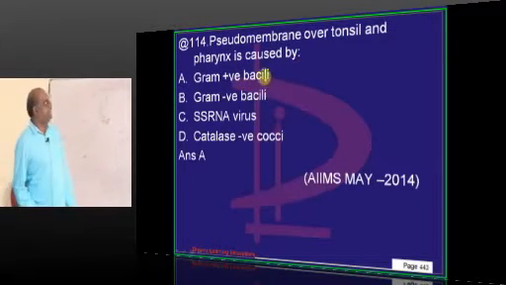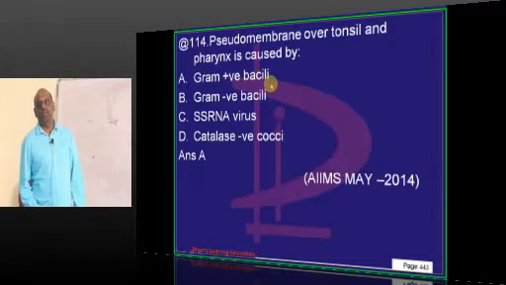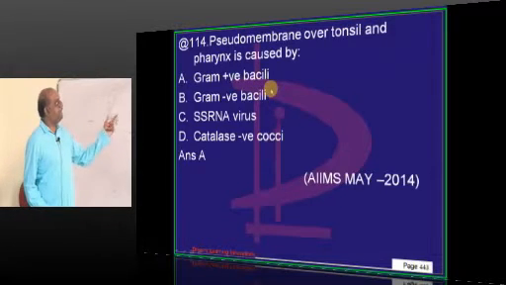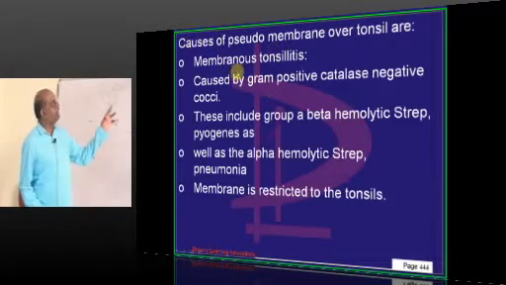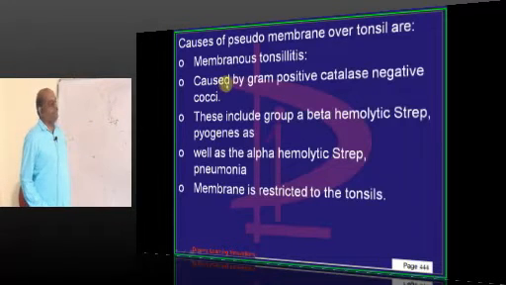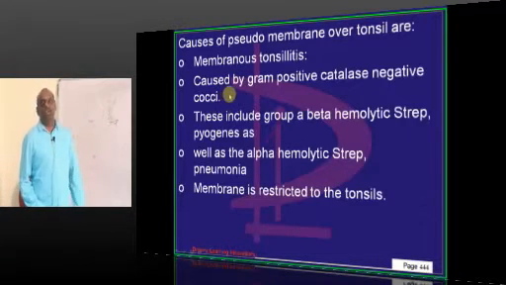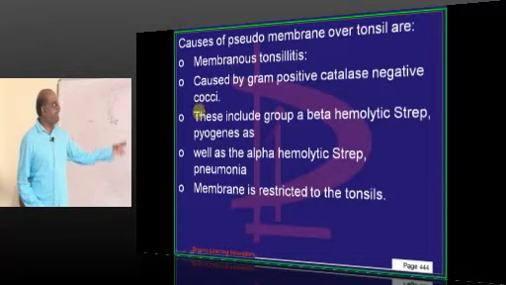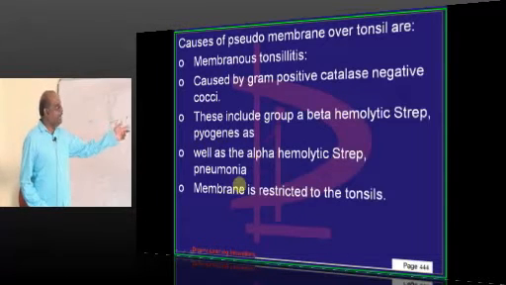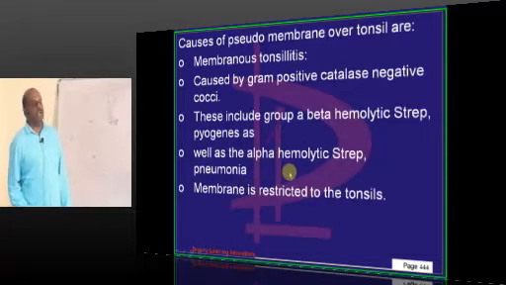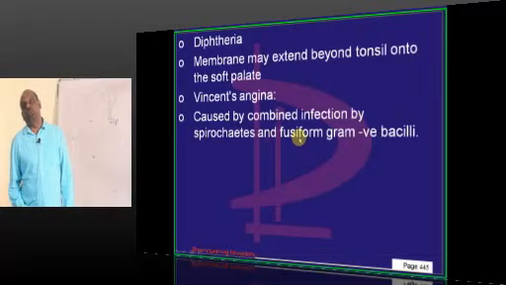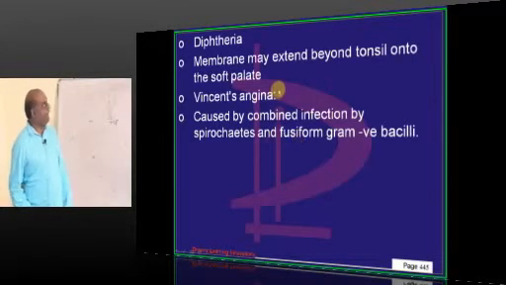Pseudomembrane on the tonsil, what is it because of? It is basically caused by gram-positive organisms. So you have gram-positive, catalase-negative cocci, which are known to lead to membranous tonsillitis, and also alpha-hemolytic streptococcus pneumonia is another important group of organisms which you need to remember.